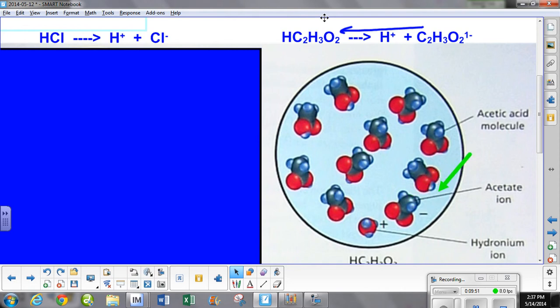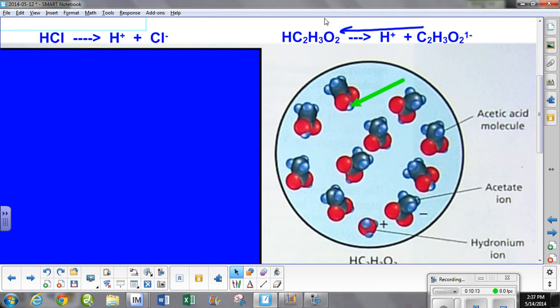Because what's hard to see in this graphic is where that hydrogen is that gets lost. The hydrogen that will come loose is the one that's on the oxygen, one of the oxygen atoms. Now you can see it on the back here. It's not very visible, but it's there.